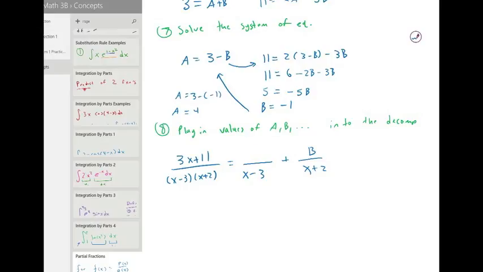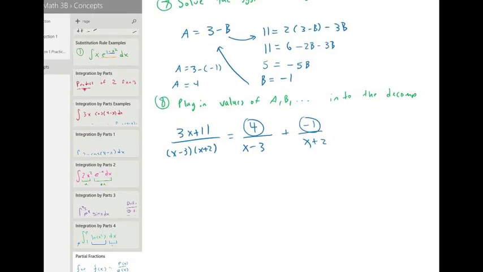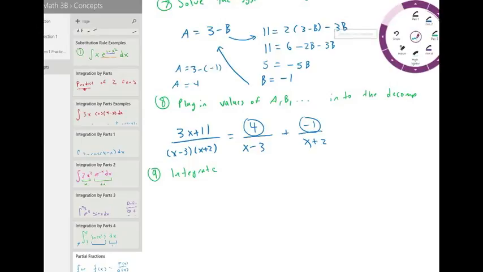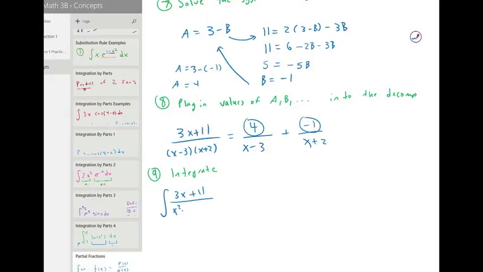And A was 4, so we'll put in 4 here. B was -1. And now we do the integral. So the integral of this side has to equal the integral of this side, or put a minus out here.